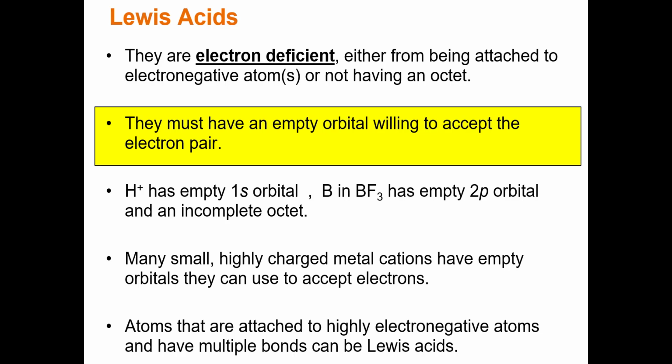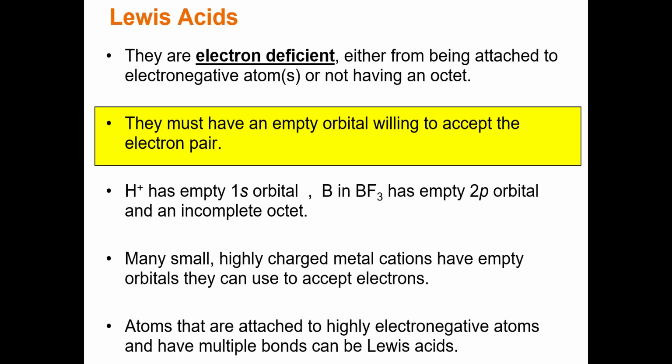They do need to have a place where they can accept those electron pairs. So basically an empty orbital is where that would occur. For a proton, that's the 1s orbital, right? So with a proton, you had hydrogen with one electron. If it lost that electron, there's nothing in the 1s orbital. So that is where it would be accepting that electron pair.